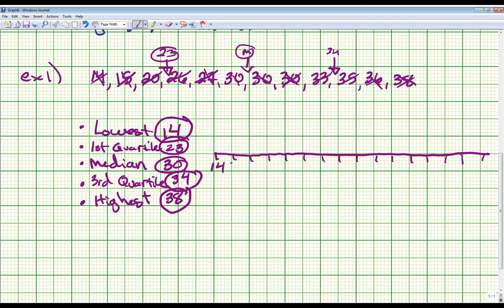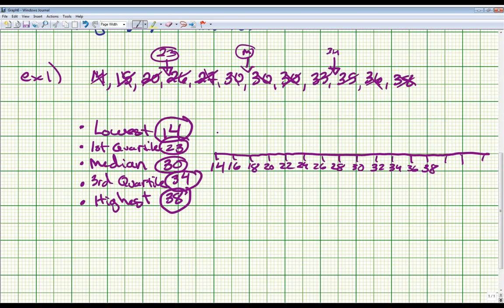So maybe we go 14, 16, 18, 20, 22, 24, 26, 28, 30. I need to get all the way to 38. It's going to be close. 32, 34, 36, 38. We did it. So we could go by 2s and keep it consistent down here and still get from 14 to 38.